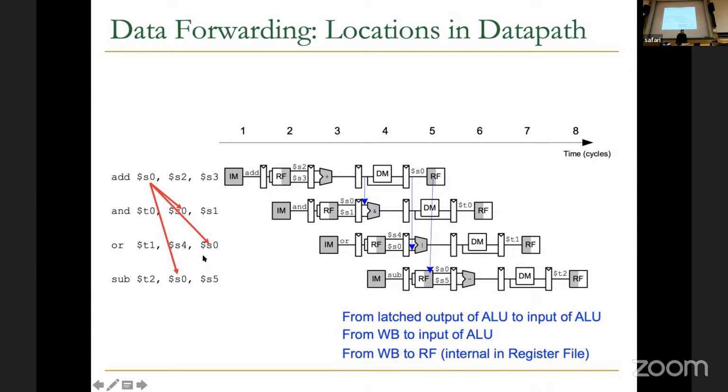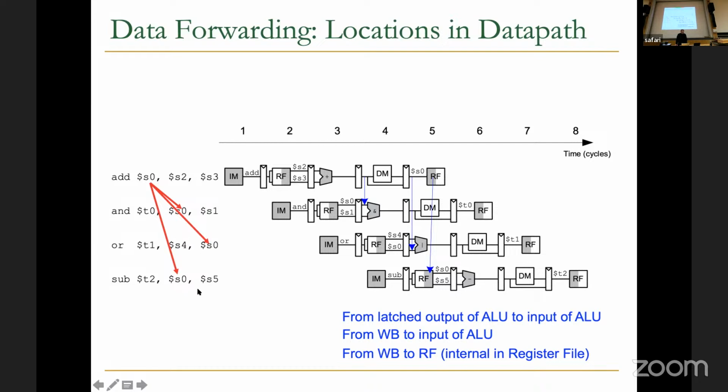Also for this OR, we need the value here, and you can see we have a conflict. This add operation will be in the beginning of the write back stage. So if you again communicate the result of S0 from the beginning of the write back stage to the input of ALU, you can also operate on this instruction without any delay.